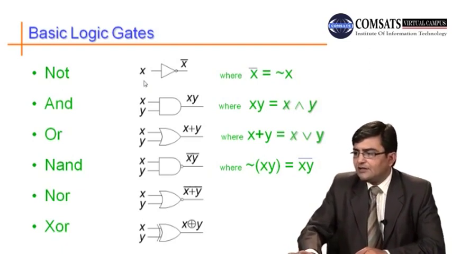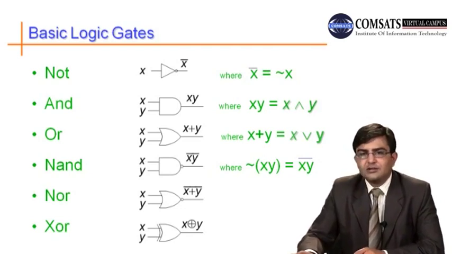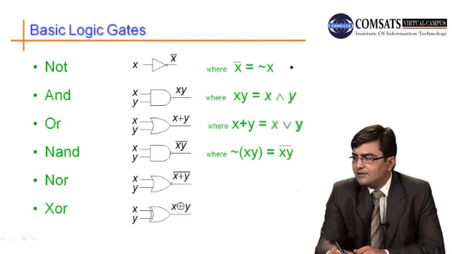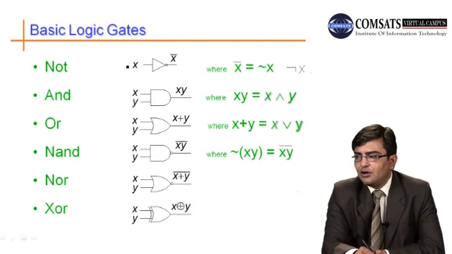As you know, the NOT logical connective is applied to only one proposition. So x is here an input, and the output is represented by x bar, or tilde x, or not x, as I have told you. So if the input of this NOT logic gate is x, then its output is x bar, or you can write it as not x.